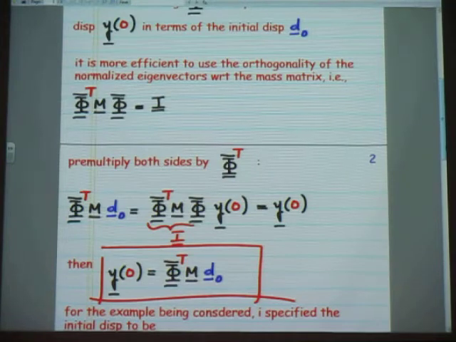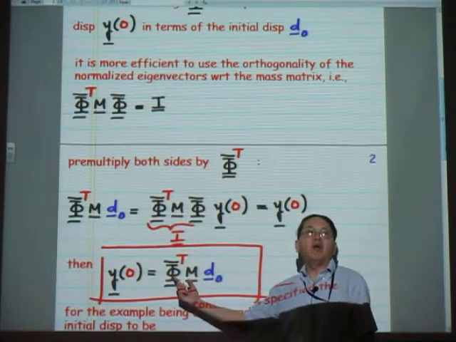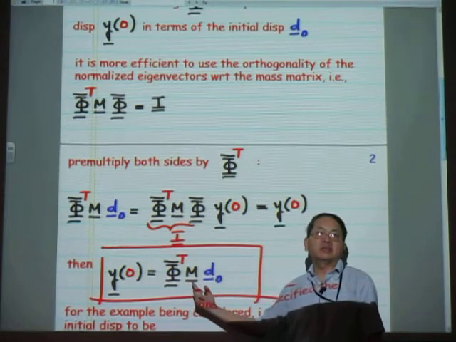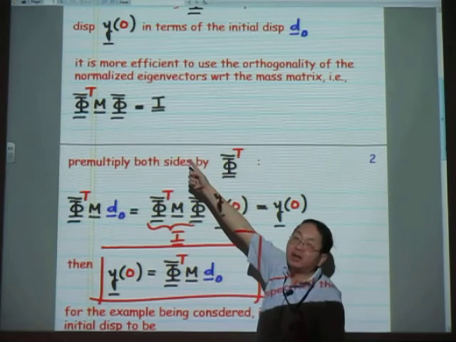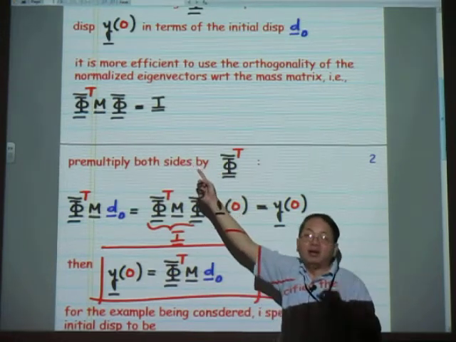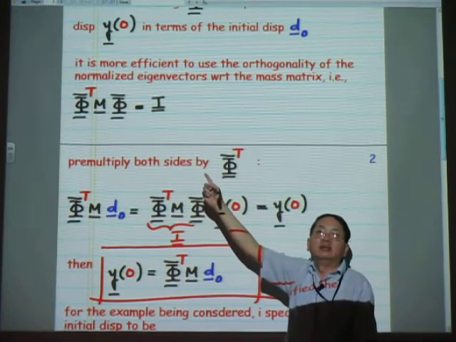Model initial condition in terms of initial condition, using only phi bar and the mass matrix, no inverse. And how we derive that is by using the orthogonality condition of the normalized eigenvectors.